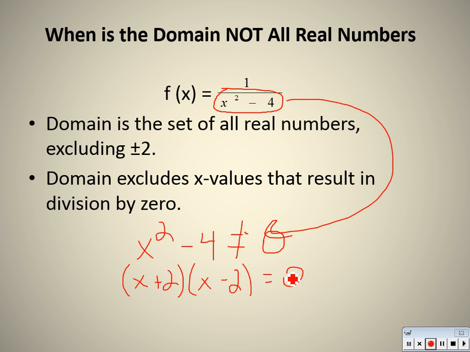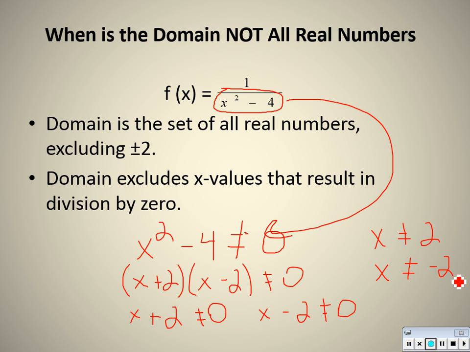If I set each of those parts equal to 0, x plus 2 equals 0 and x minus 2 equals 0, I get that x can equal 2 and x can equal negative 2. It could be anything else.